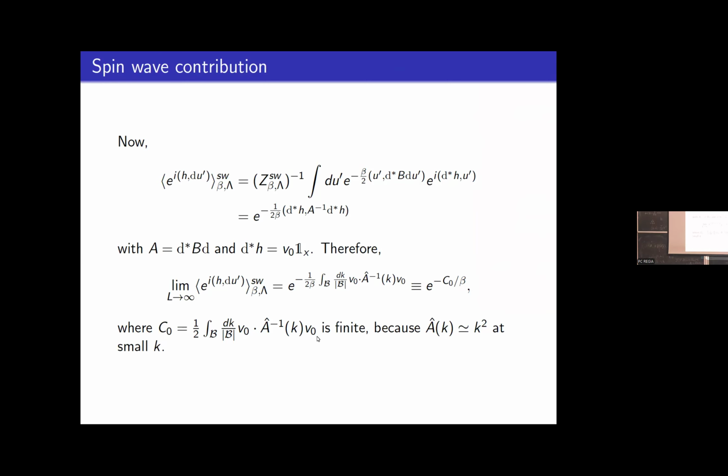Exactly the same. So after all those manipulations, we obtain a lower bound of the form e to the minus constant depending on beta times exactly the same integral.